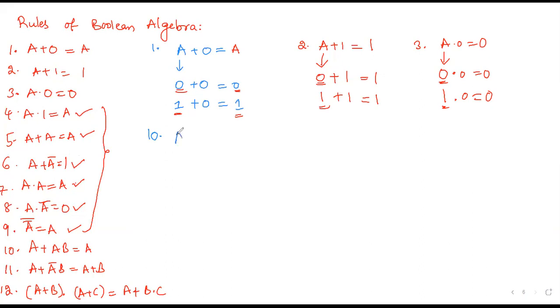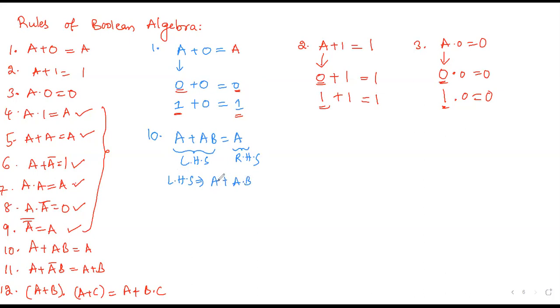I will go with the 10th one. A plus AB is equal to what? Consider this is LHS and this is RHS, left hand side and right hand side. First take the left hand side equation, A plus AB.